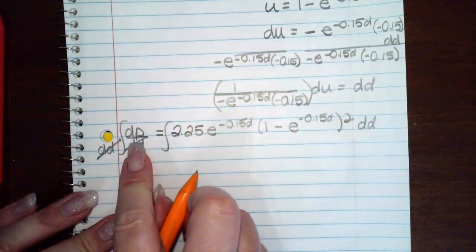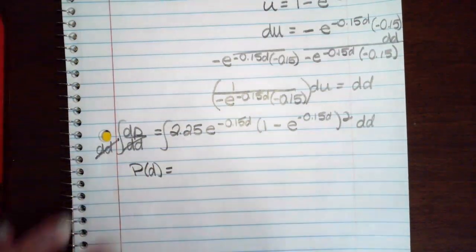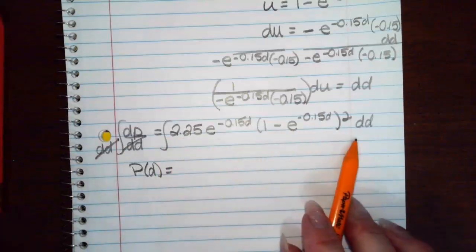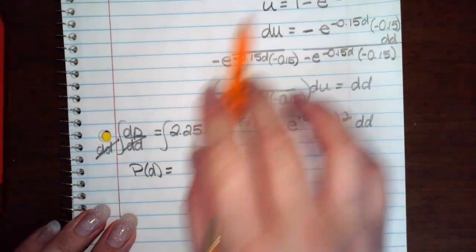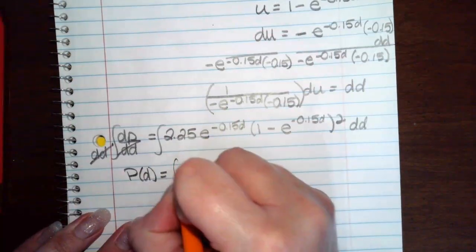So the integral of dp is going to be p of d equals, and now we need to use u substitution on this. So there's nothing about a 2.25 over here, so it's going to come along for the ride.